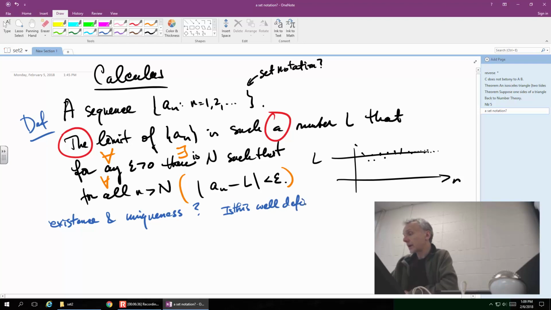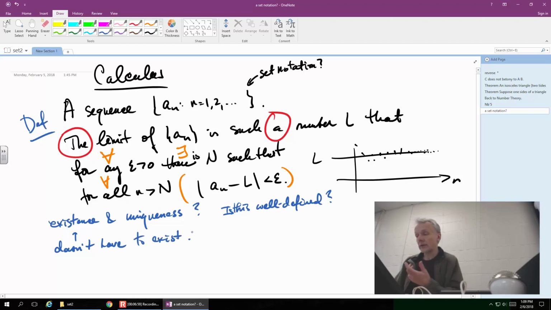Well defined is ideally when the concept that has been introduced both exists and is unique. So early on you can look at the existence, and we already know that it does not have to exist. The limit doesn't have to exist.